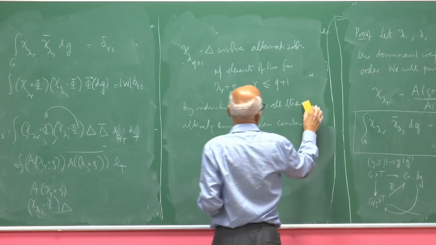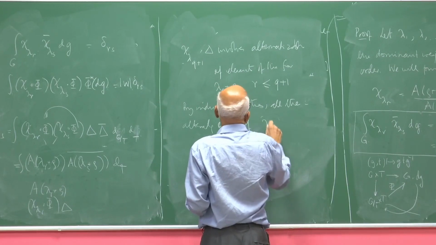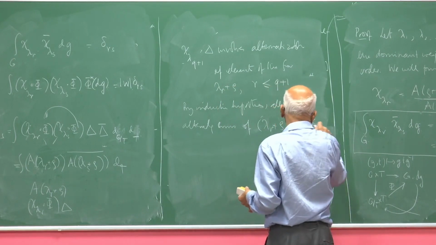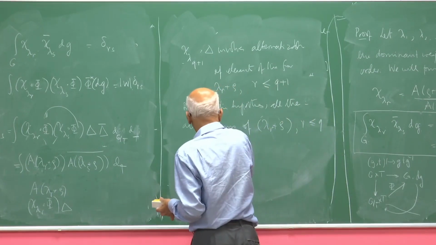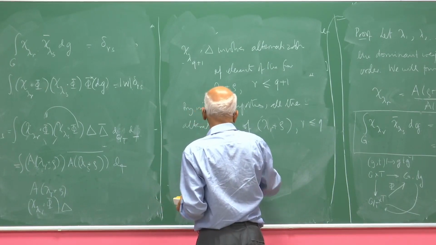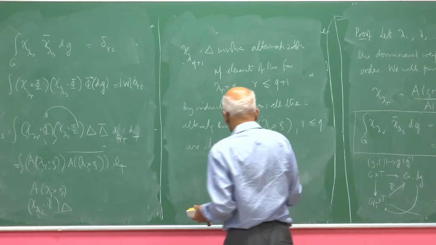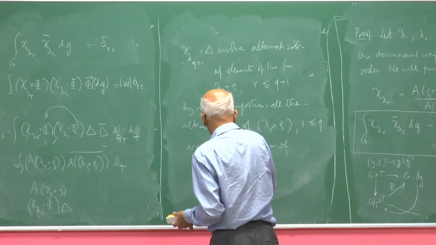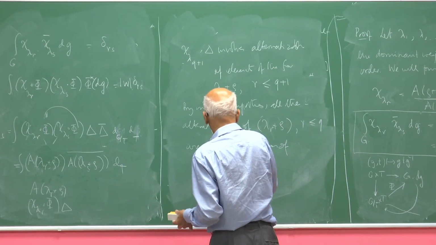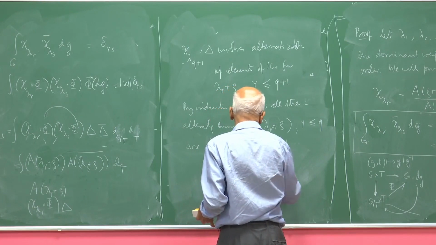all the alternating sums of lambda r plus rho with r less than or equal to q are linear combinations of chi rho s times delta with s less than or equal to q.